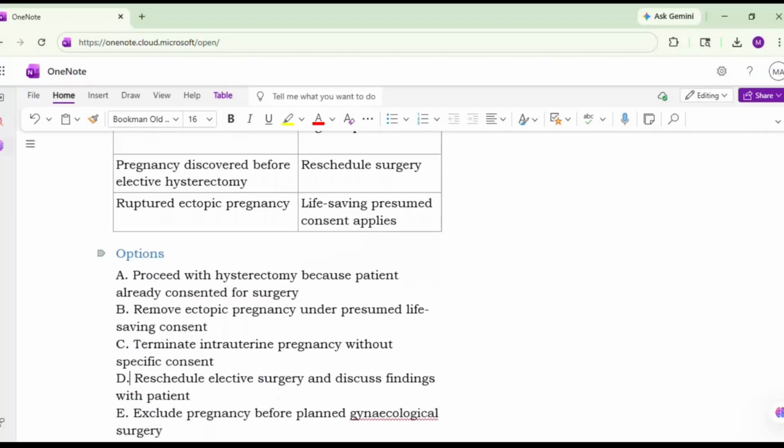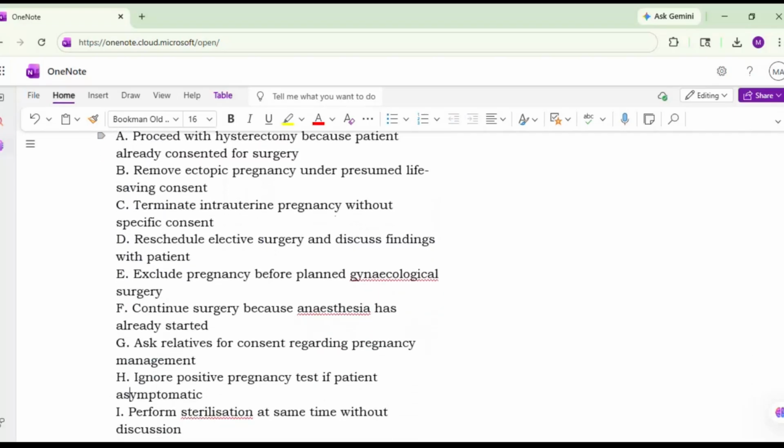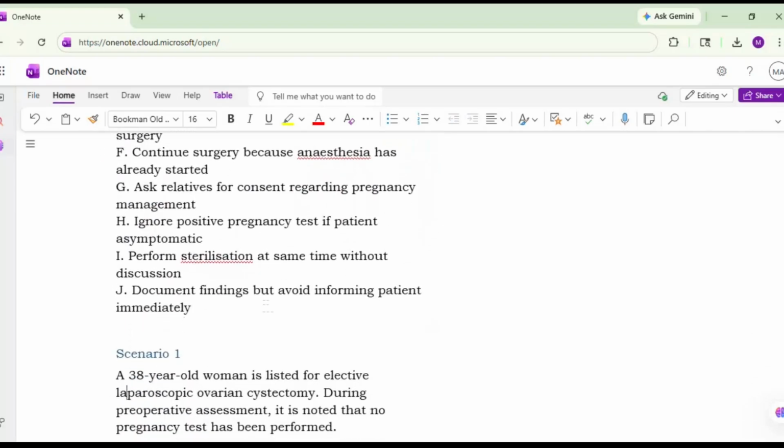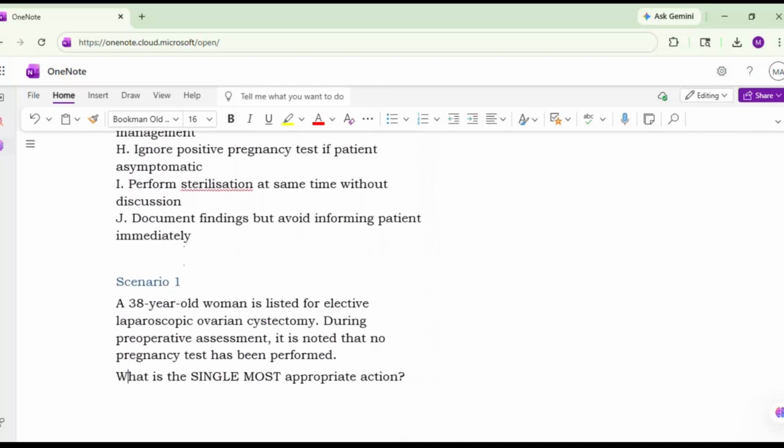So on this we have again some questions. A 38-year-old woman is listed for elective laparoscopic ovarian cystectomy. During pre-operative assessment, it is noted that no pregnancy test has been performed. What is the single most appropriate action?